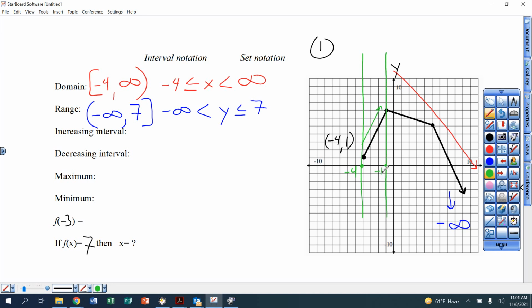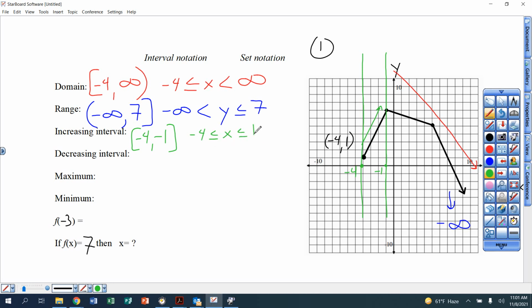So it looks like increasing goes from square bracket -4 to -1 square bracket. That's where it's going uphill. If I did that in set notation, -4 less than or equal to x less than or equal to -1.